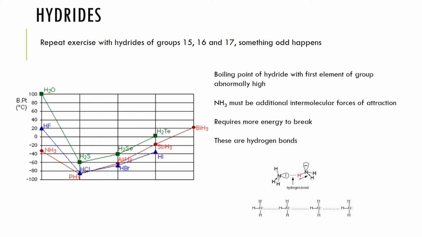That's why water has such a high boiling point relative to the rest of group 16, or the hydrides of group 16. And exactly the same is true for ammonia. So you get an interaction between the lone pair, the huge lone pair on nitrogen, and the partial positive charge that's found on the hydrogen of another ammonia molecule.